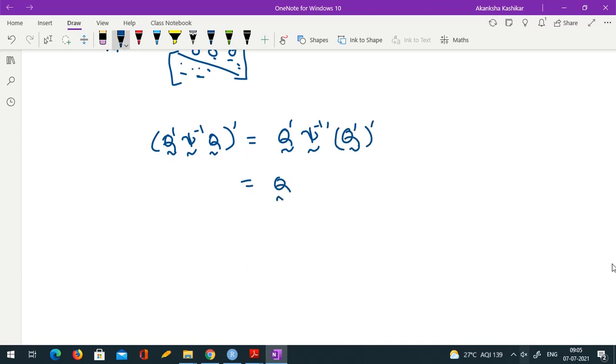This would be Q prime psi inverse Q, because the transpose of a diagonal matrix psi inverse is again a diagonal matrix. So I have Q prime psi inverse Q again. So this is a symmetric matrix already.